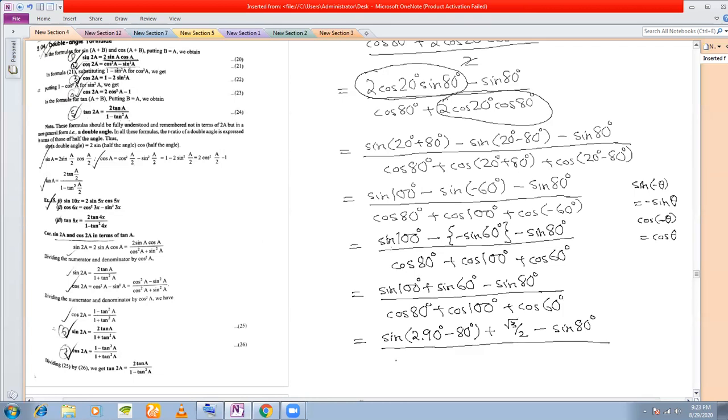Divided by, now cos 80 can be written as, because it is in the second quadrant, 2 into 90 degree minus 100 degree.